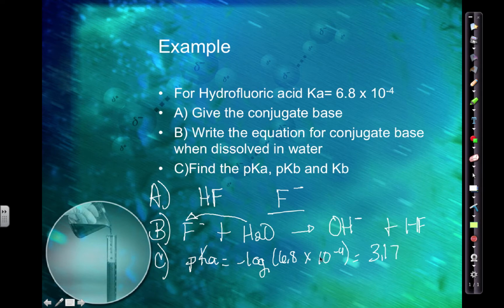All right, so now I can find pKb, because I know that pKa and pKb, when you add them together, it equals 14. So 14 minus 3.17 will give me a pKb of 10.53.